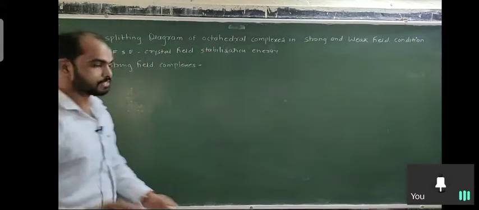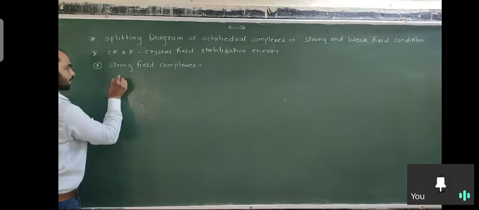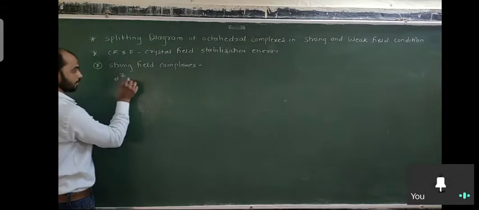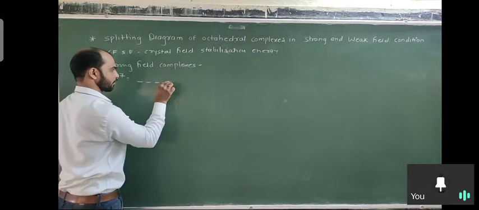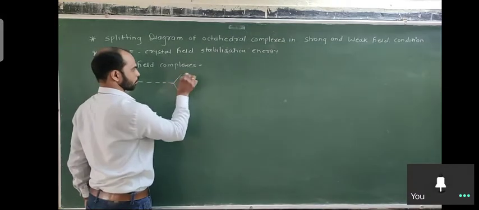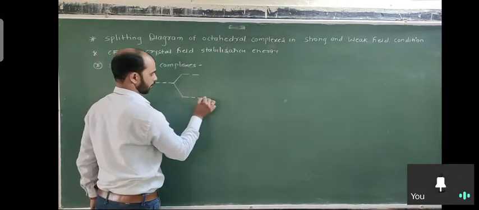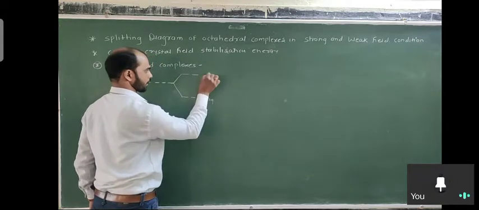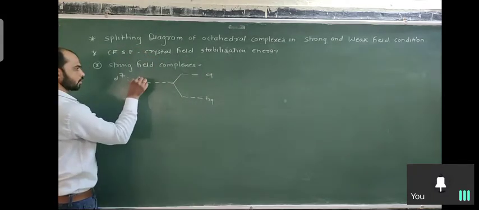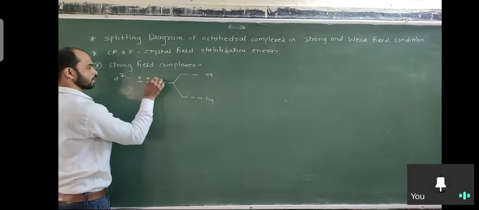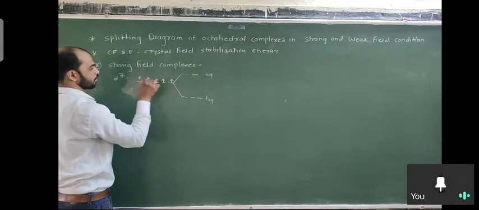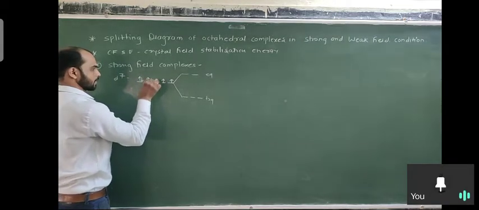So next one is d7. 1, 2, 3, 4, 5, t2g, eg. How many electrons? 7: 1, 2, 3, 4, 5, 6 and 7.